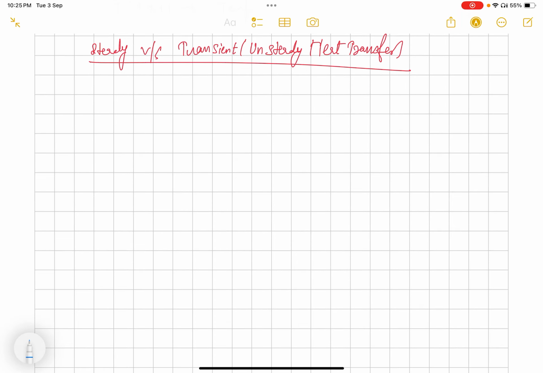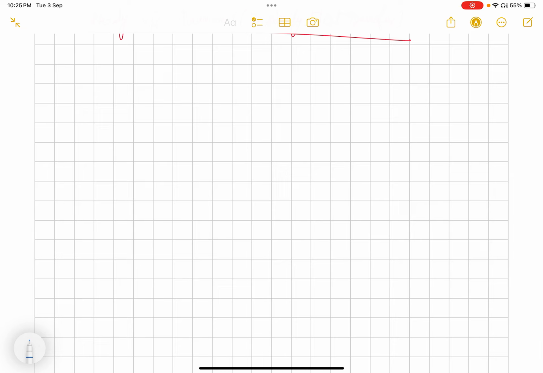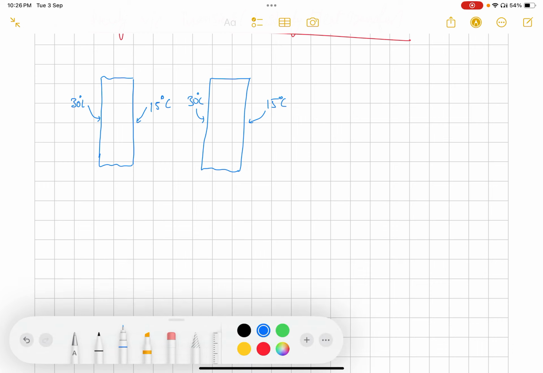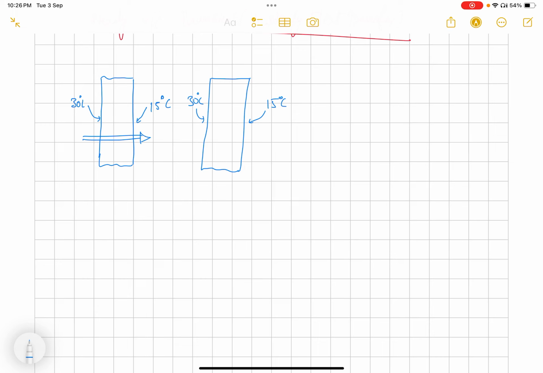Let's suppose that this is a wall and we are maintaining some temperature here at 30 degrees Celsius and at this side of the wall 15 degrees Celsius. Similarly, the same wall, 30 degrees Celsius, 15 degrees Celsius, and we are seeing the amount of heat transfer which is taking place across this wall.